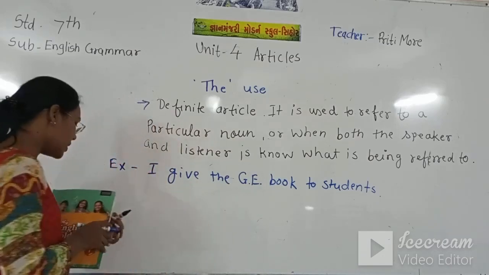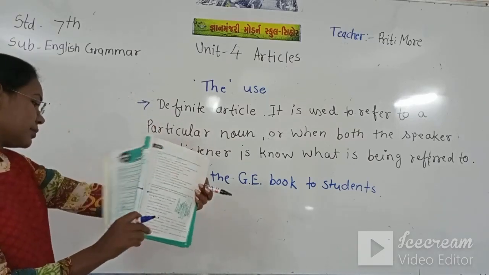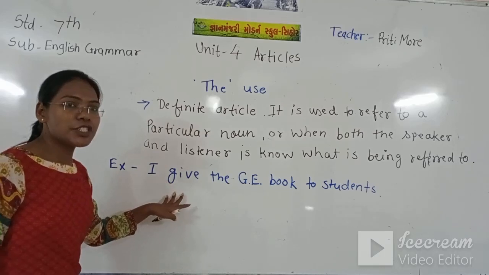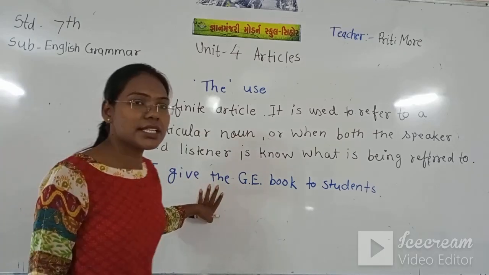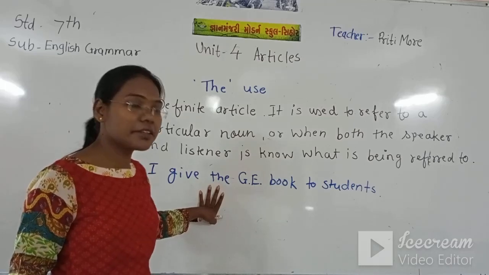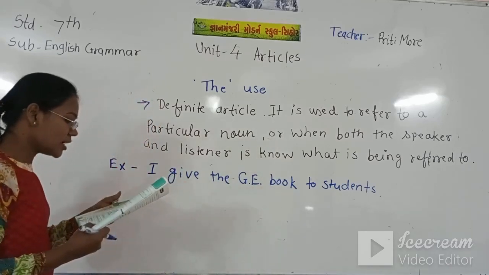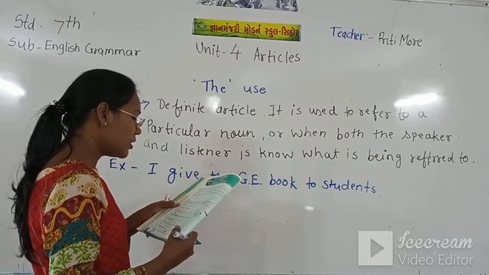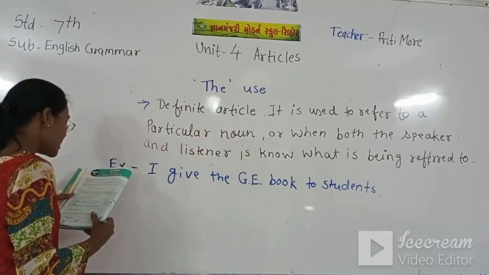Now the second example. For your kind information, I have taken this example. This sentence is not in your GE book. Just for the reference, I have written this. Now the second example I take from your textbook. Amir is reading.